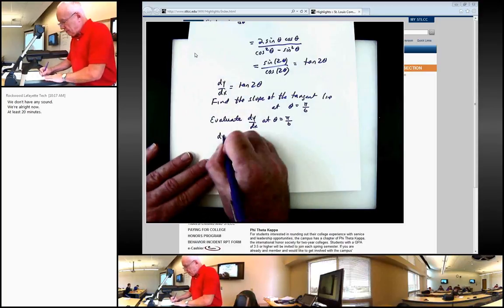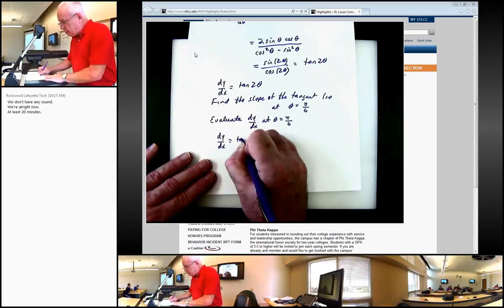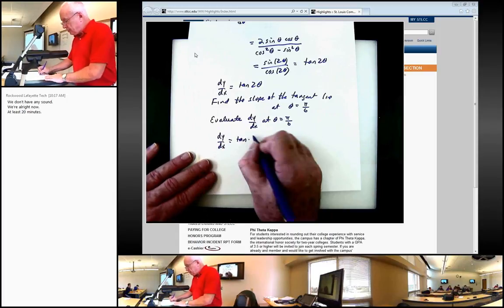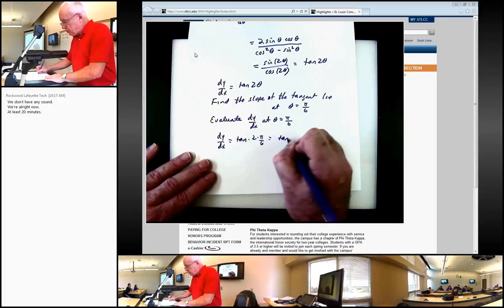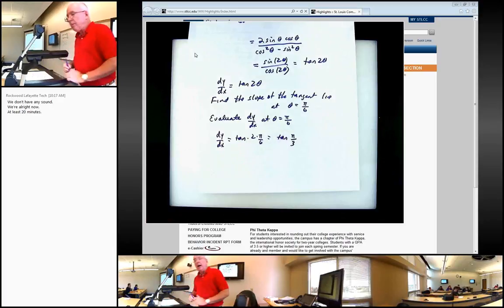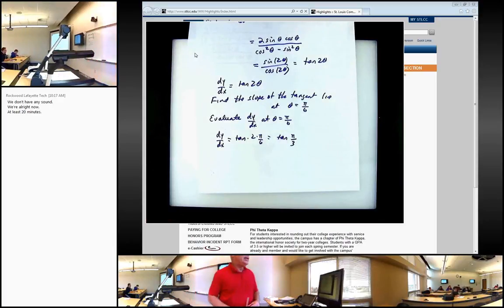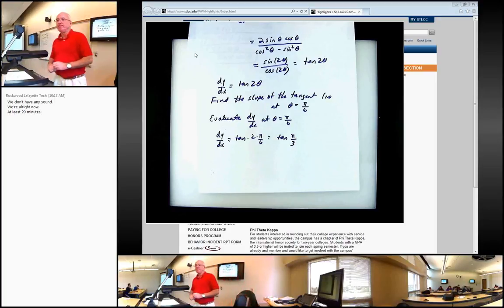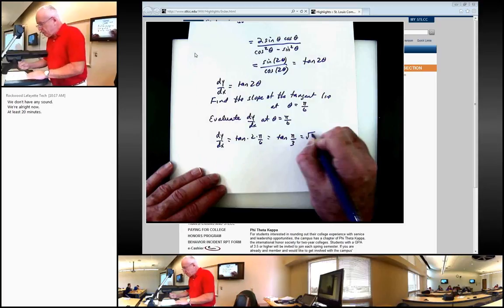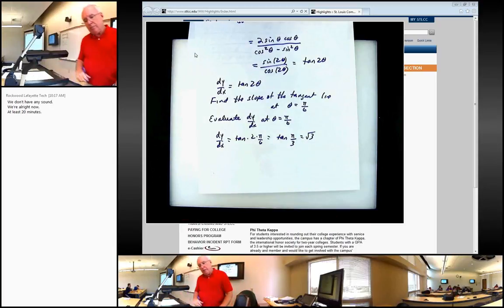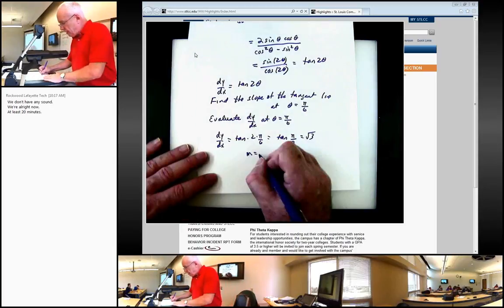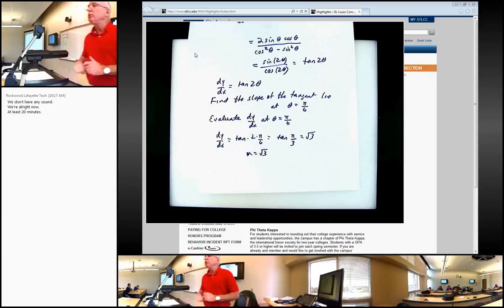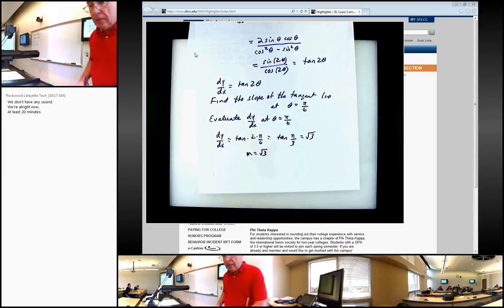So what does that give us? dy/dx is the tangent of 2 theta, so that's the tangent of 2 times pi over 6, which is the tangent of pi over 3, 60 degrees, and that's what? Square root of 3, right. From your special triangle. So m, if you want to call m the slope, m is equal to the square root of 3. Okay.